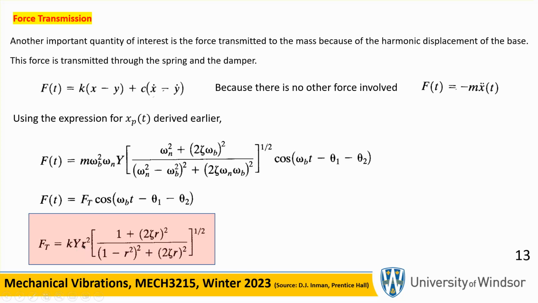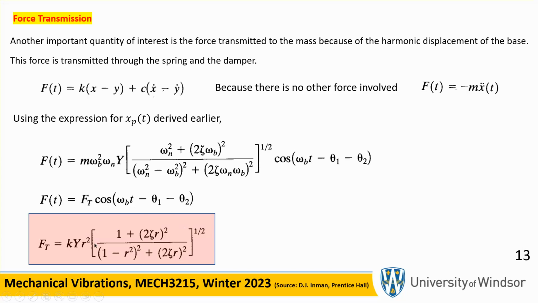Now, a couple of things here. Notice that when I started this lecture today, I assumed that it's a harmonic motion, and we did the solution to that on Thursday. But today we did the force transmission for that, and we got this expression.